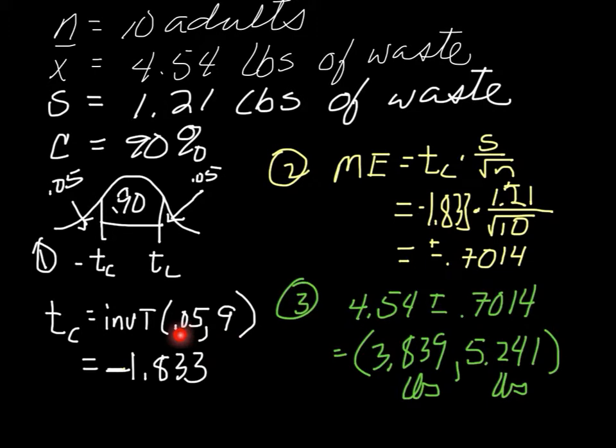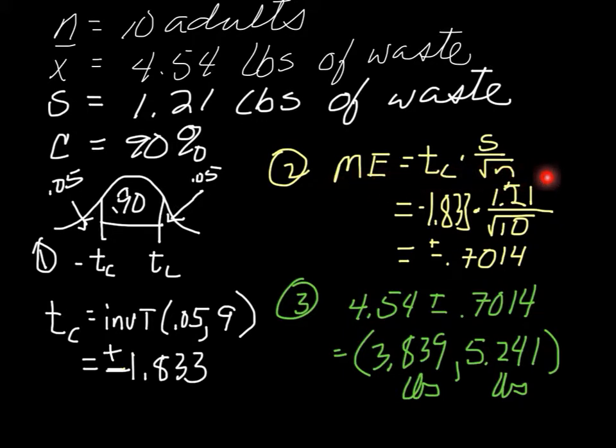In the back of the book you would have looked up 90% and 9 degrees of freedom. In the calculator you want the area to the left and 9 degrees of freedom. In any case, that'll give you the negative 1.833, and that could also be positive for the positive side.